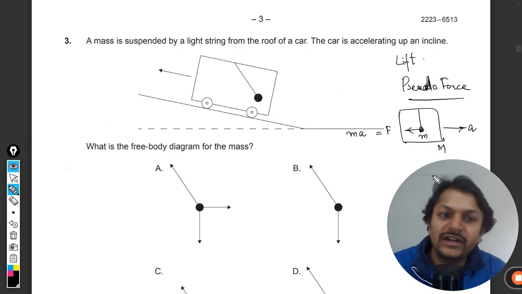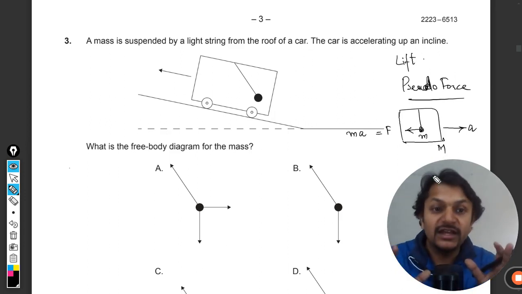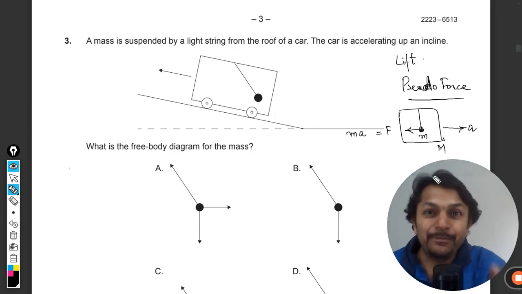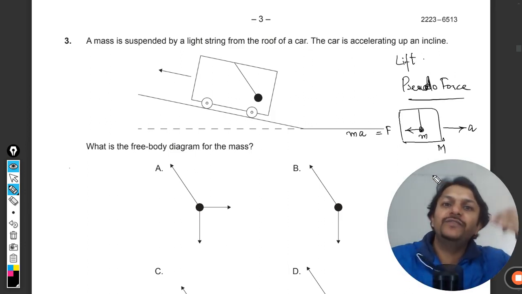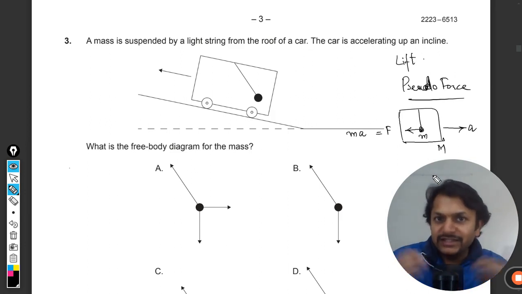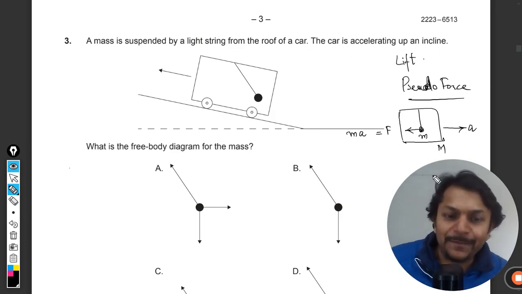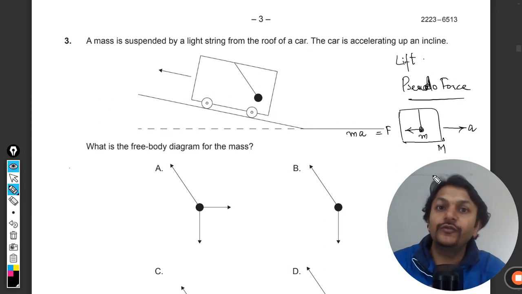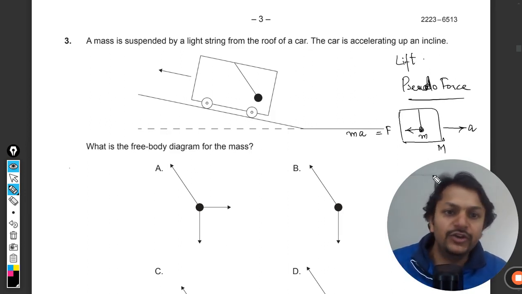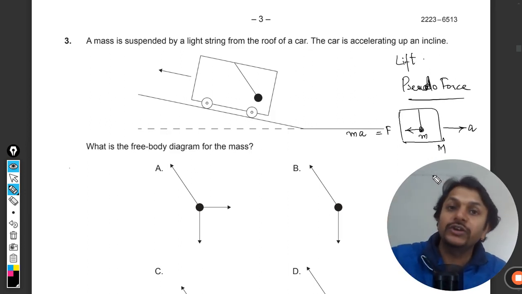I just want to clarify that in this formula, m is the mass of the bob, and a is the acceleration of the vehicle. It's a very different kind of force. If you have purchased the subscription on the YouTube channel, you can refer to the video lecture on pseudo force that I have delivered in the online course. You can please watch that video to know even more details.